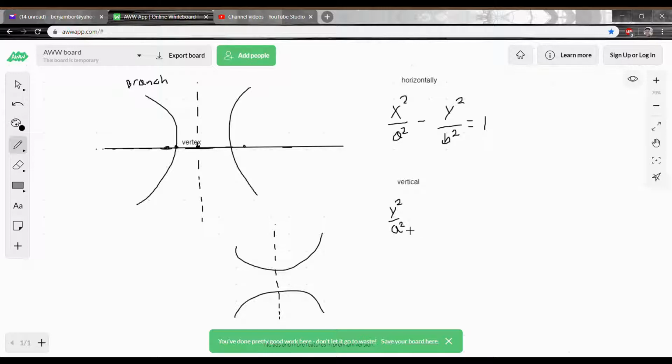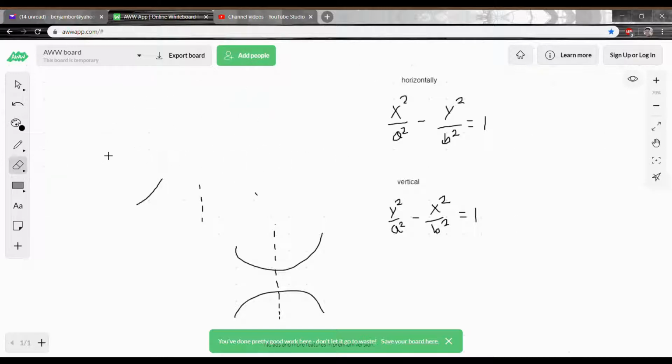A is always out front, minus x squared over b squared, and that's going to equal 1 as well. The a and b give you information on the vertices.